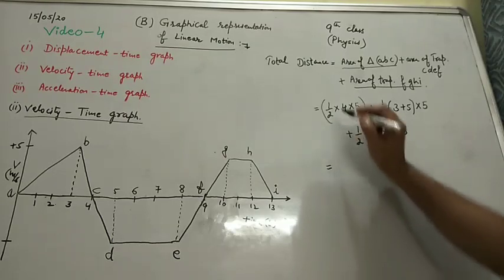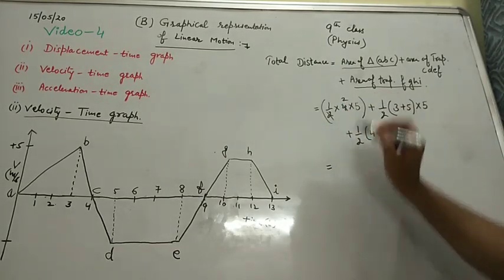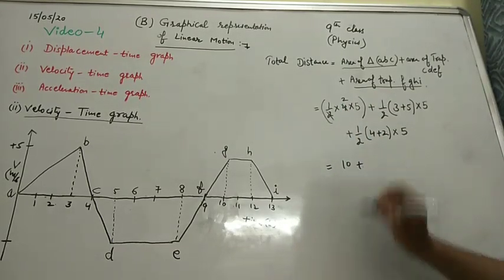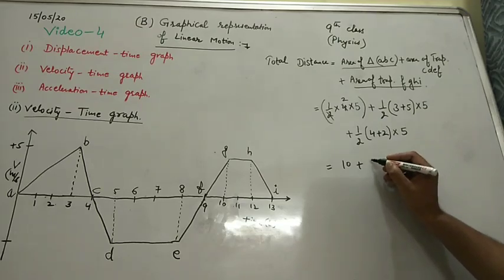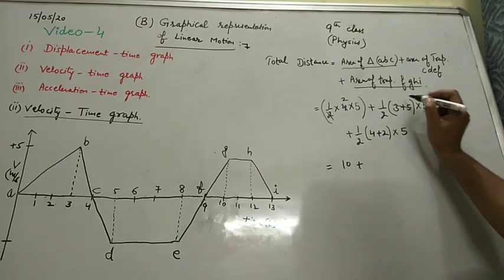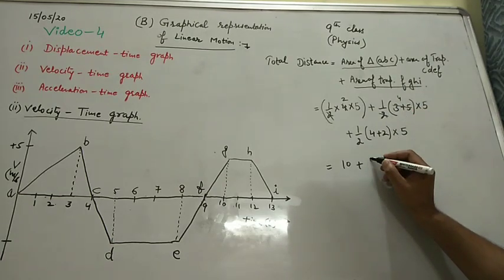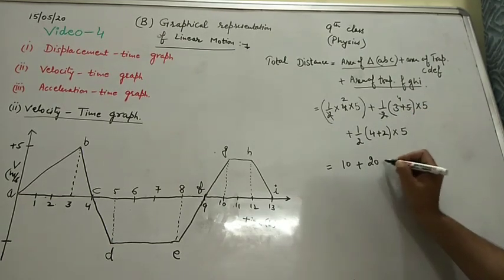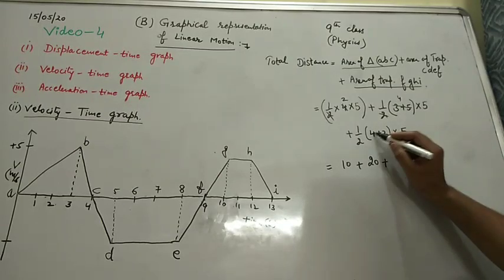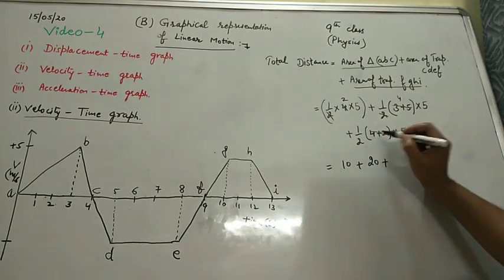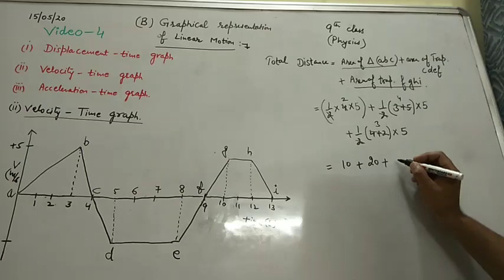Now calculate. Here is 10 plus, this will give you 8. Here you will have 4 into 5, that is 20, plus this is 4 plus 2, 6. You can cut with this, it will be 15.